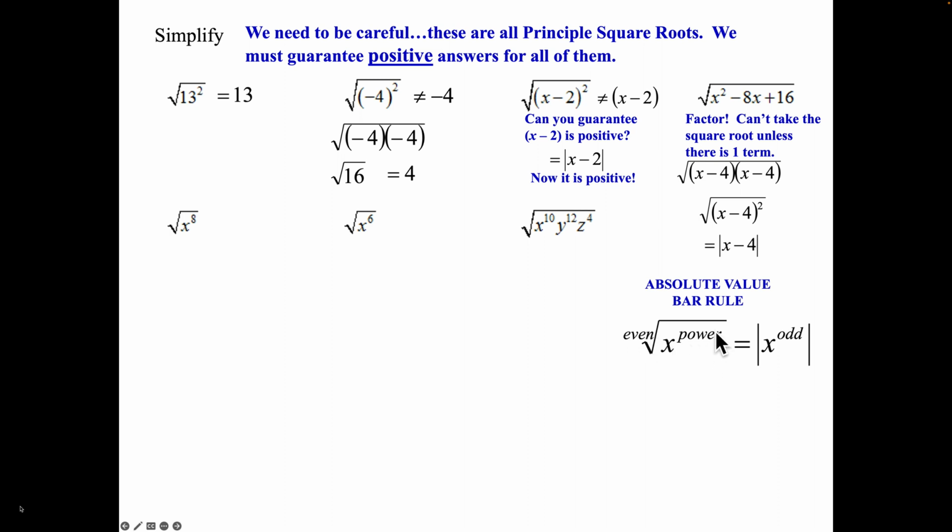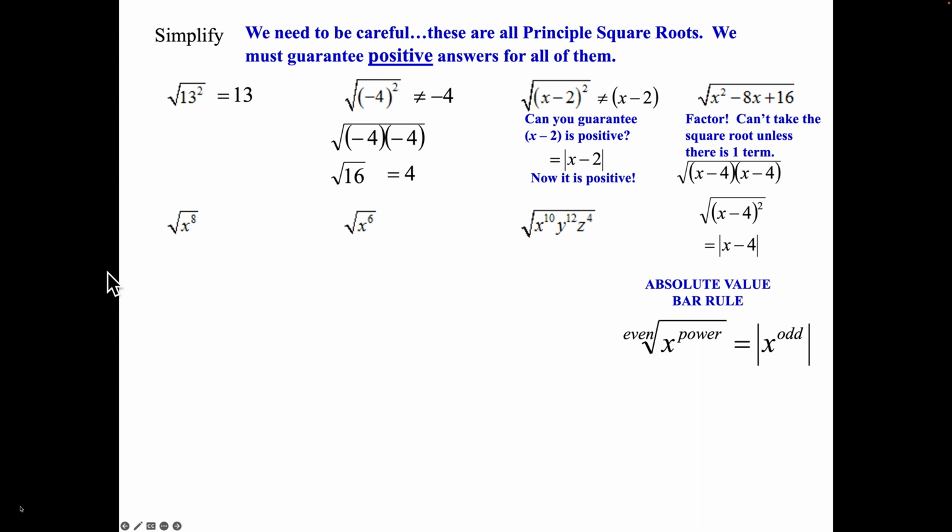And you have some variable quantity, parentheses, x's, numbers, and if it comes out to an x, or that expression to an odd power, this is technically x minus 4 in parentheses to the first power, you have to put absolute value bars around it.